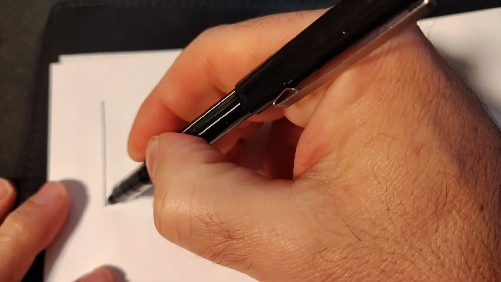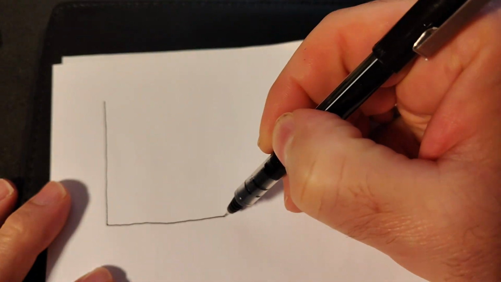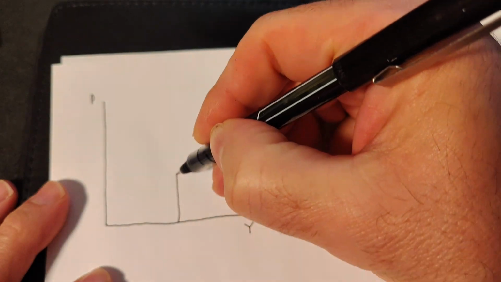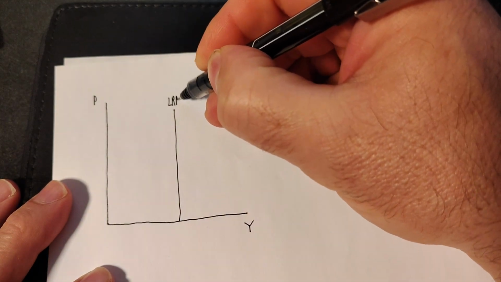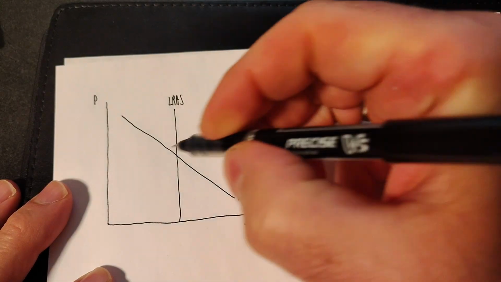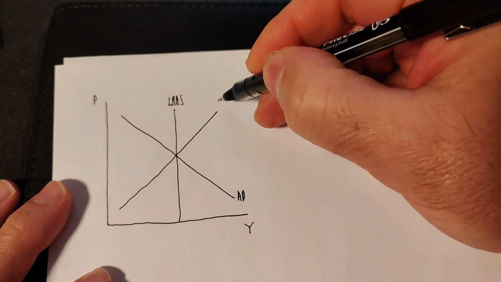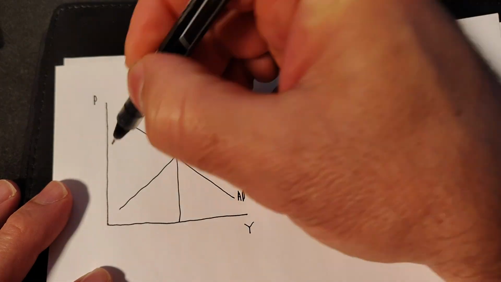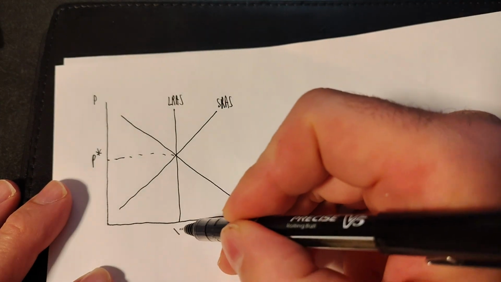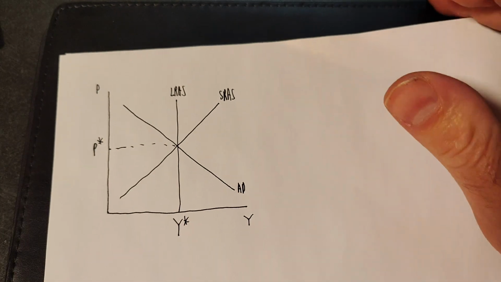So let's go ahead and draw both of those graphs again. Output, price level, potential GDP, or long-run aggregate supply as we call it, aggregate demand, short-run aggregate supply, initial equilibrium prices, and initial equilibrium output.